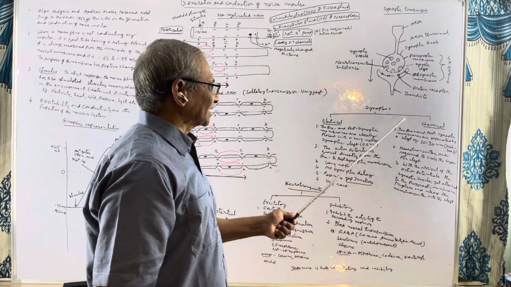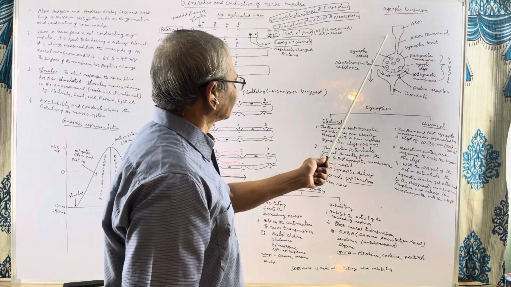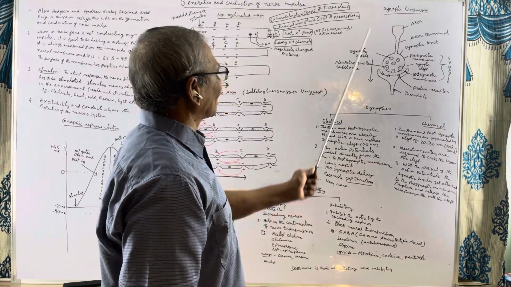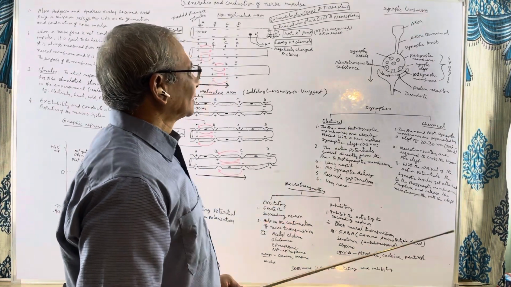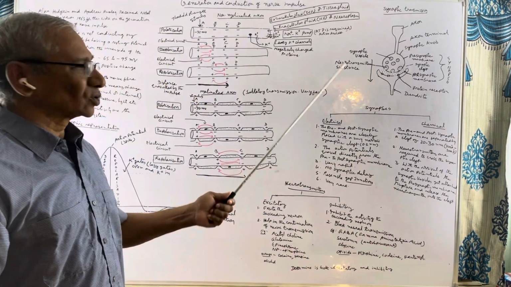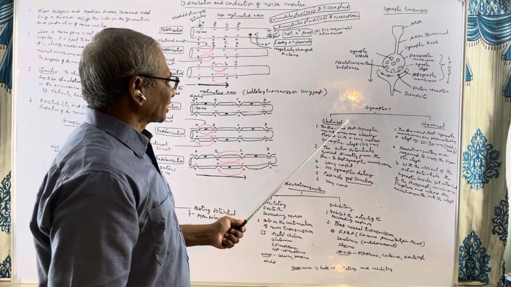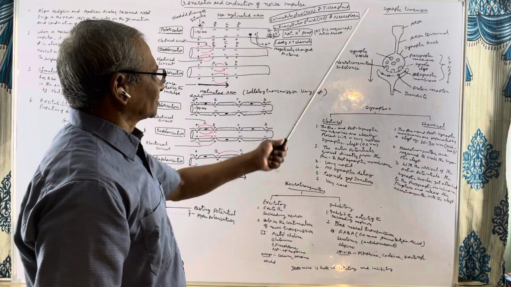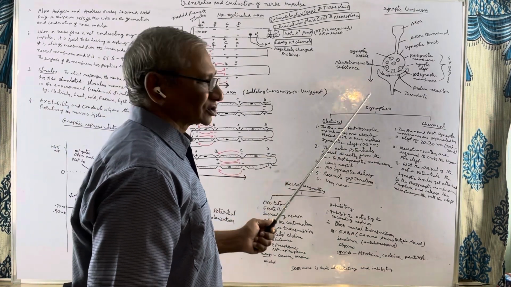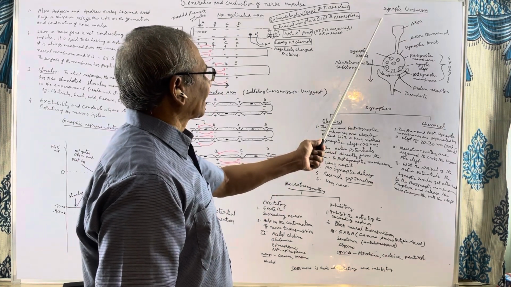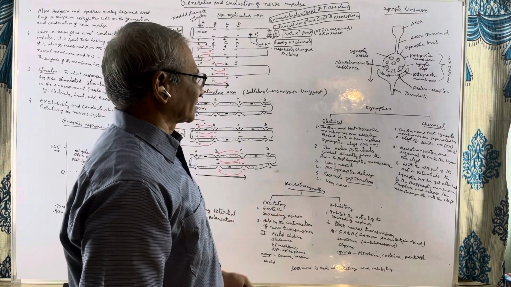In the case of chemical synapses, the impulses travel only in one direction, like this. They can't travel backwards because of the involvement of neurotransmitter substances. So, the direction of transmission in electrical synapses is bidirectional, and in chemical synapses, it is unidirectional from dendrites to axon. Again, then the next dendrite, axon, like that.